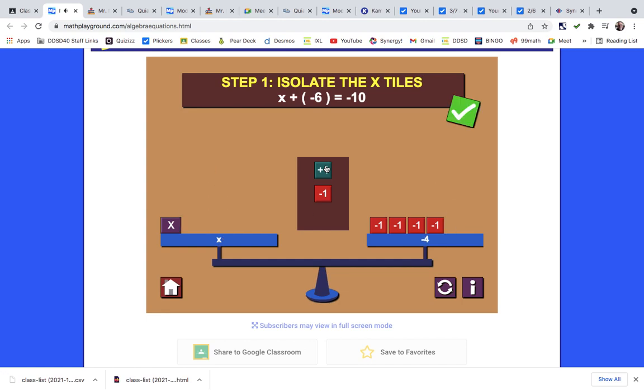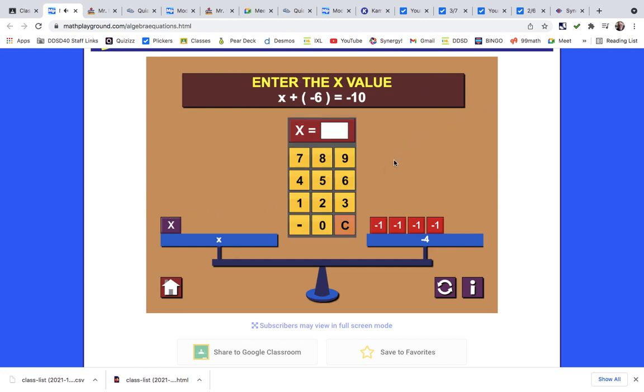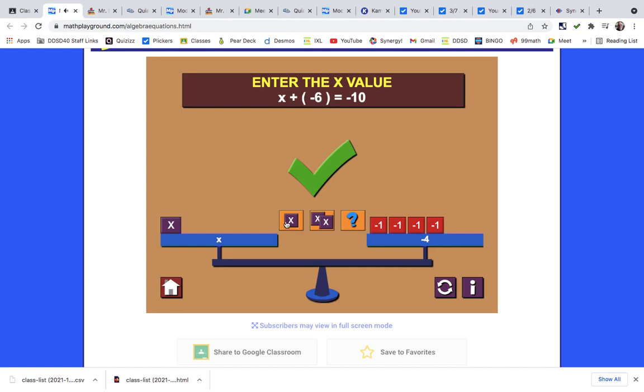And then I'd have to do that to get back to x being all by itself. And x is equal to negative 4. Let's do one more. Negative 4, check.